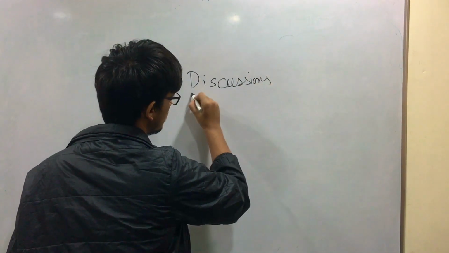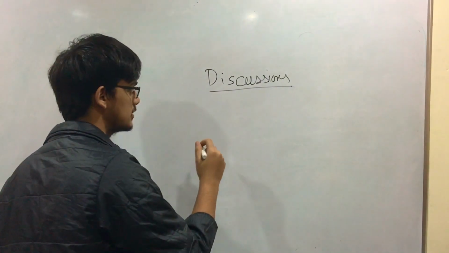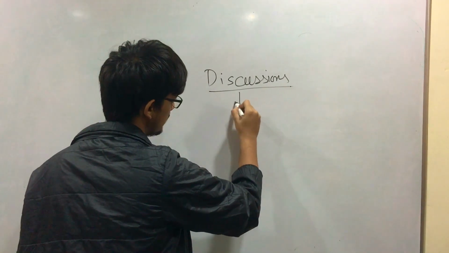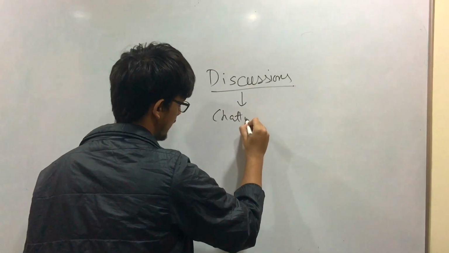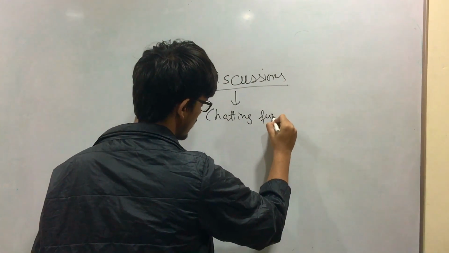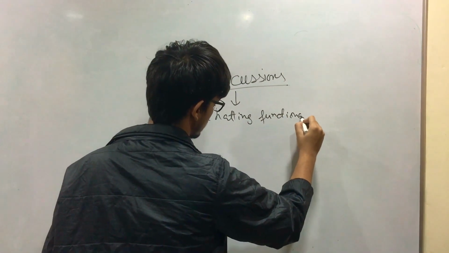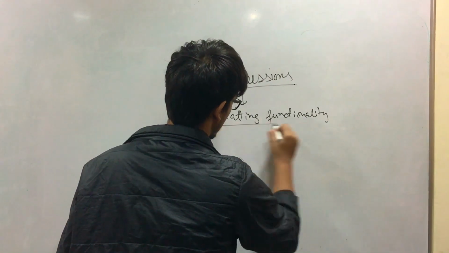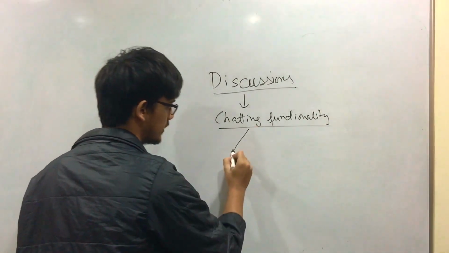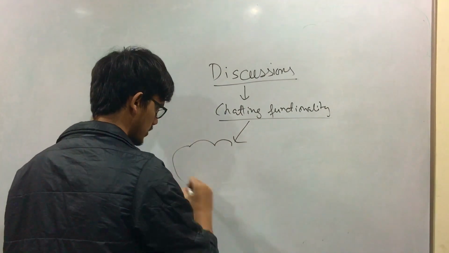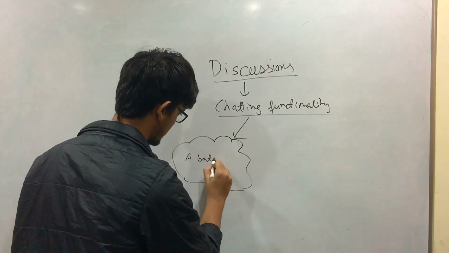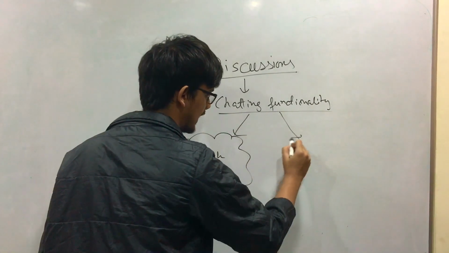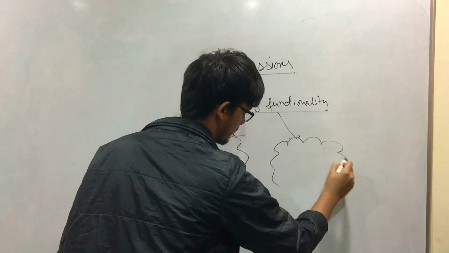So the next module which we'll be discussing is discussions. In discussions, we are trying to implement a chatting functionality. We are trying to focus on two particular types of groups, which are a batch in DICT and DICT in general.